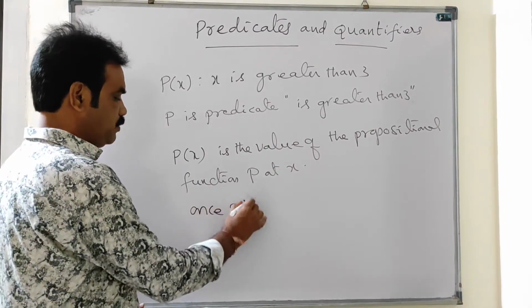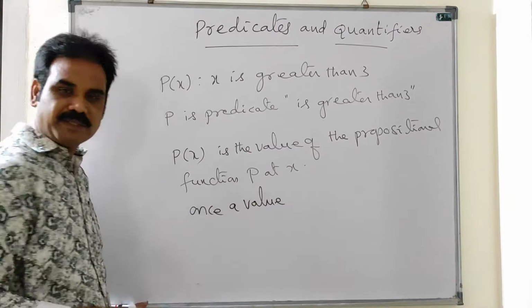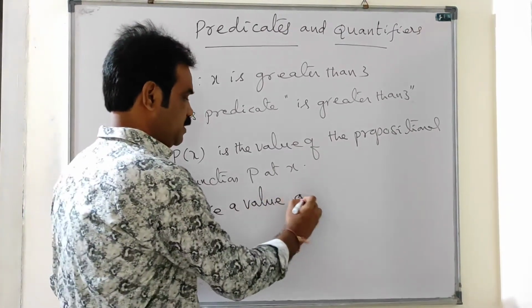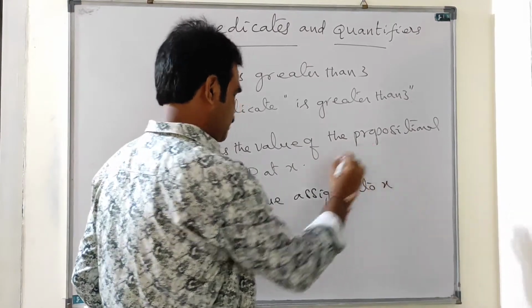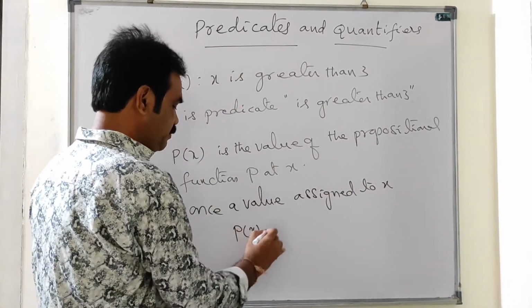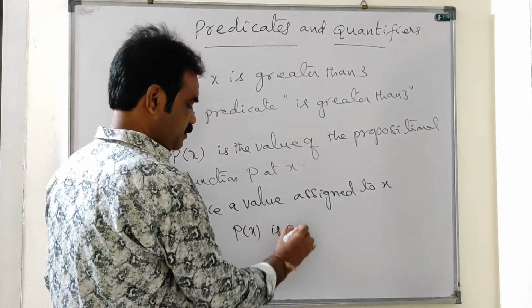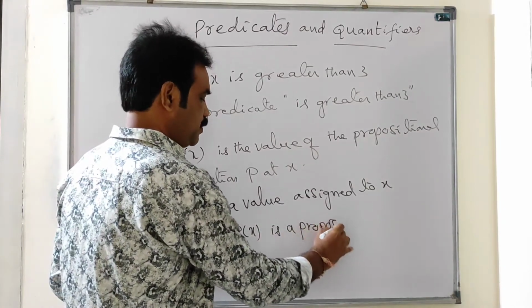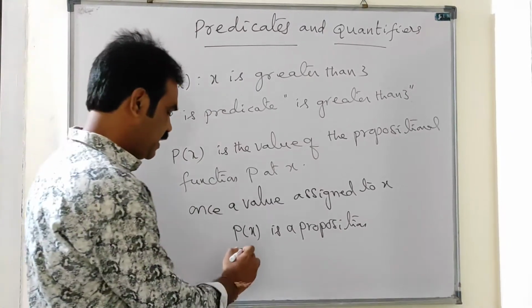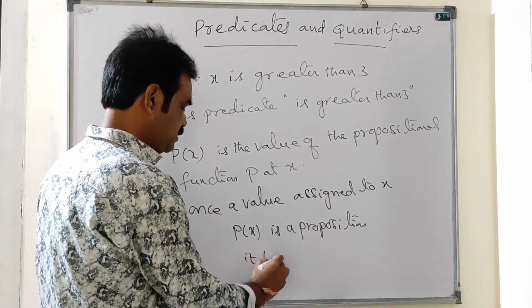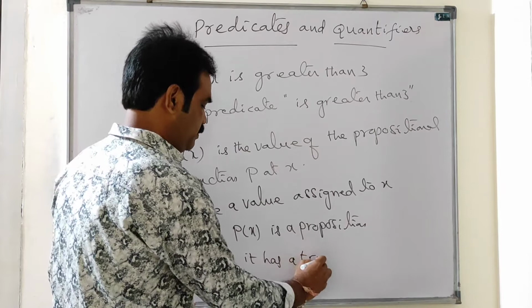Once a value has been assigned to the variable x, then P of x becomes a proposition. That means it is true or false. That means it has a truth value.